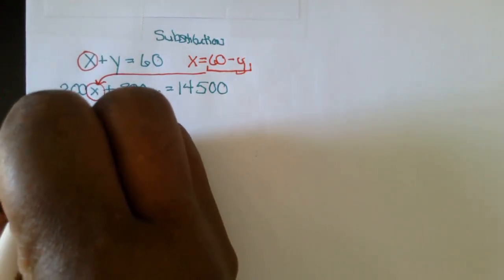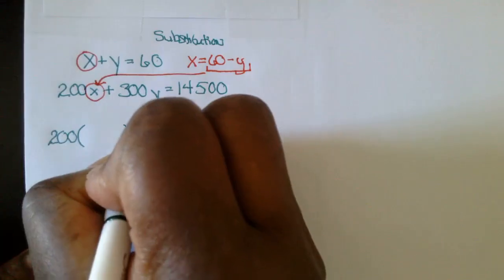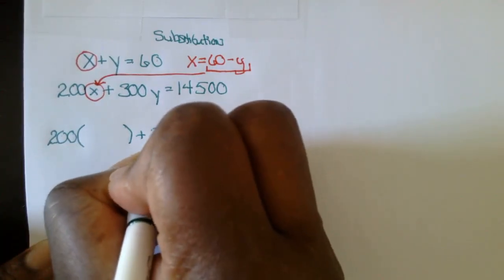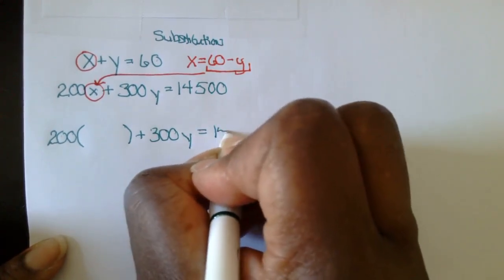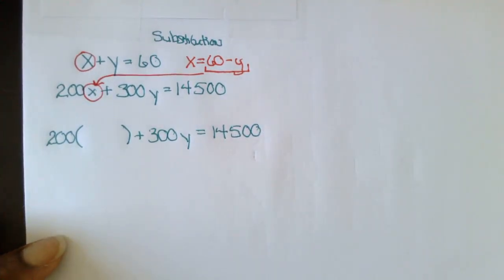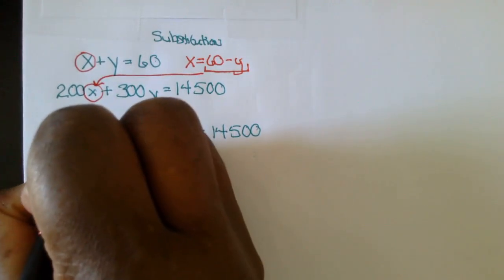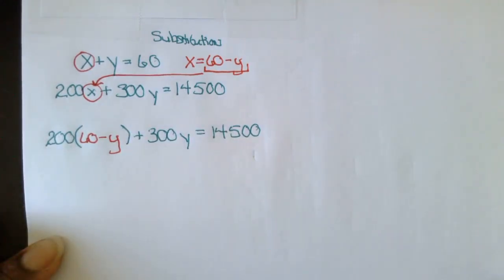We have our 200, going to have a parenthesis. So what's coming in is our 60 minus Y.